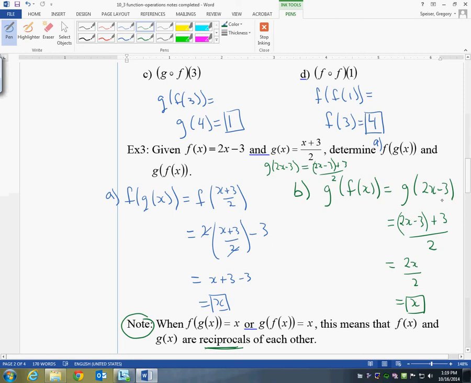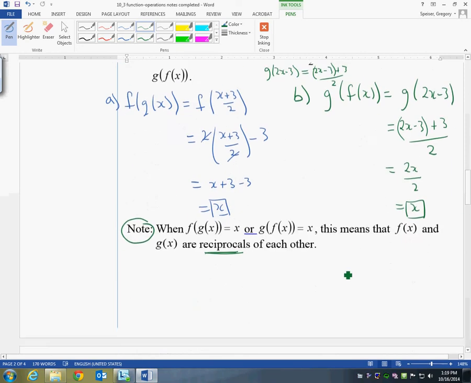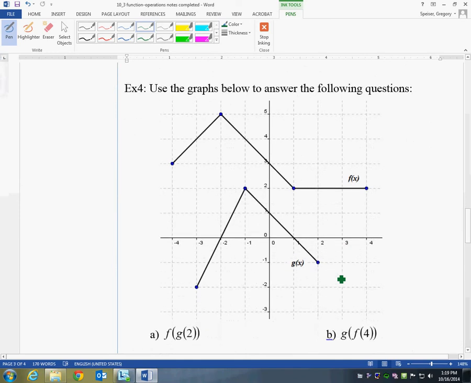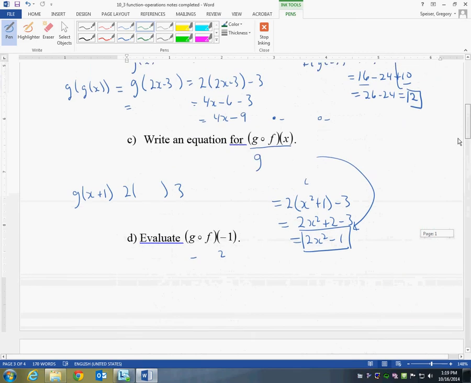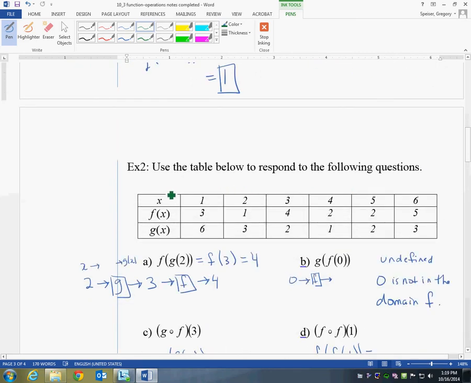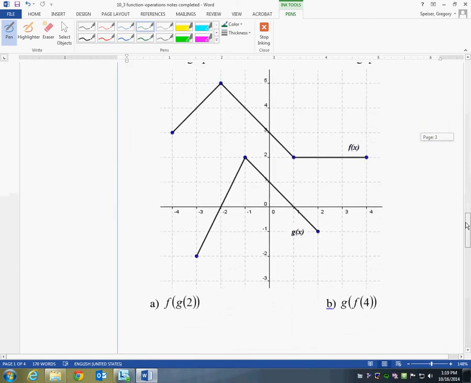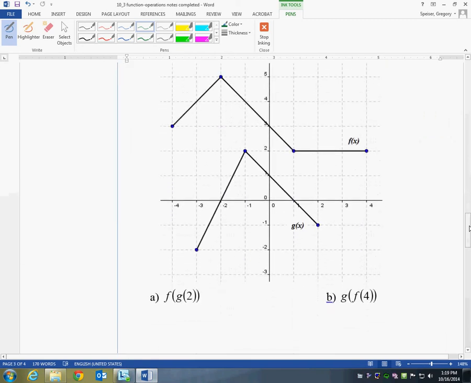Okay, let's go down. Use the graph below to answer the following questions. Now this is a lot like what we had from the table, except that with the table we plug in an x and look at the table, while on the graph we have to look at the y value on the graph. But it's the same idea.